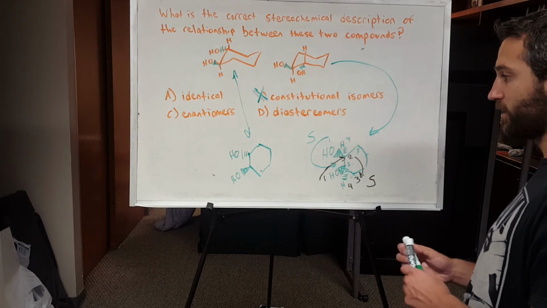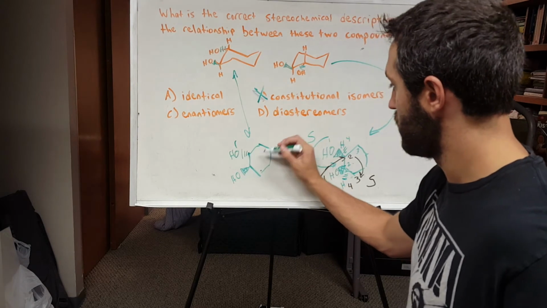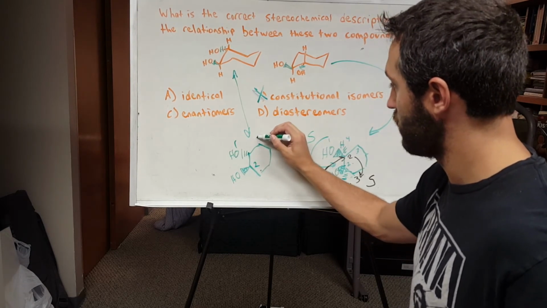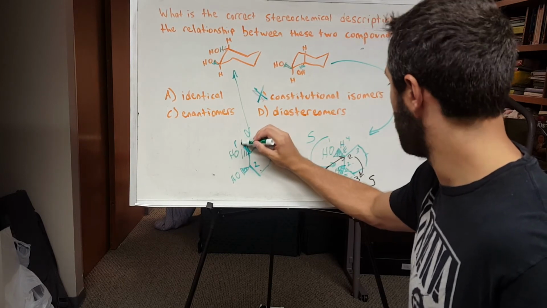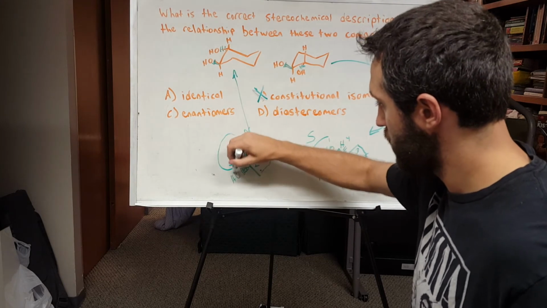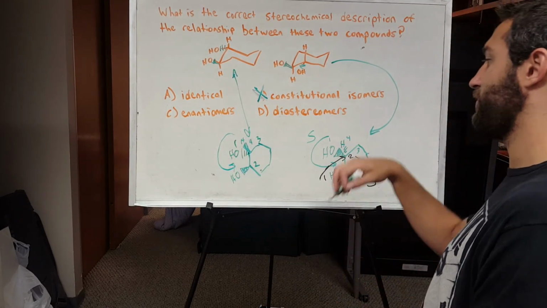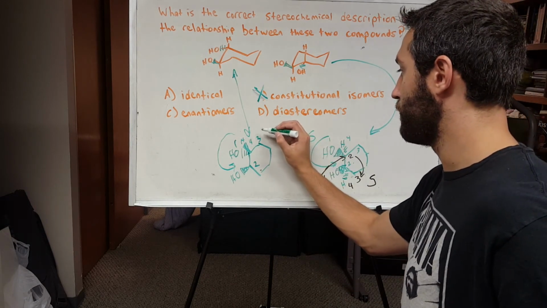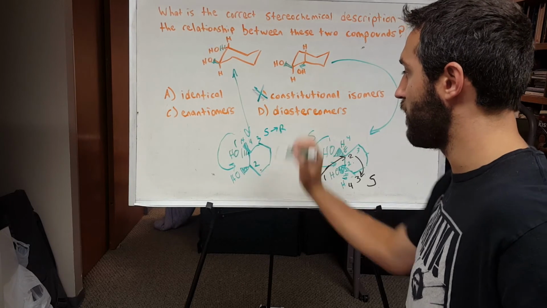That's how that works. So let's do the same thing. This molecule, 1, 2, 3. H is in the front again for 4. And what we're doing here is a left-hand turn, but H is in the front, so we flip it back. So we went from S as a left-hand turn to R.